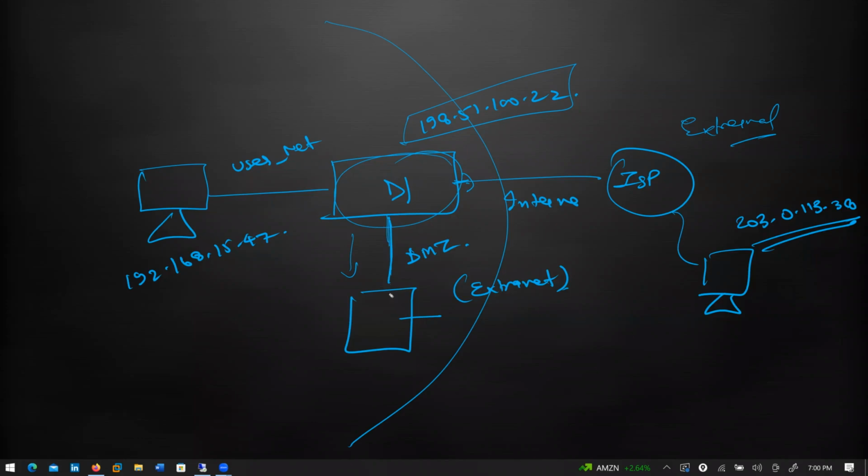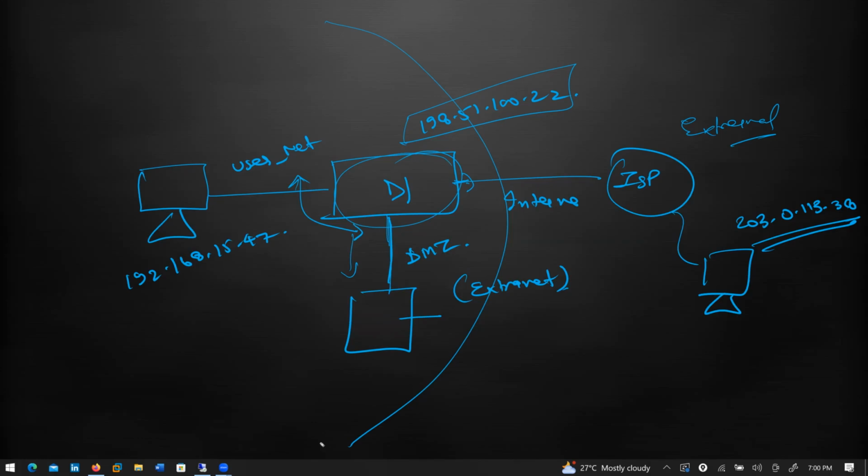Now, in order to take the packet to the destination zone, the firewall changes the header of the IP packet. In the header, what is it going to change? The destination address, right? Only then will it come to know, with the help of the route lookup, in which zone your actual destination lies.